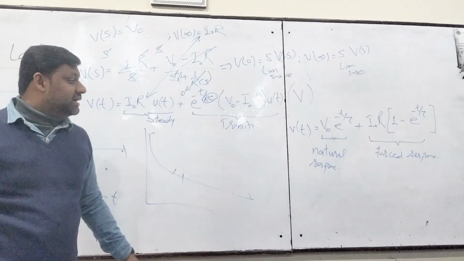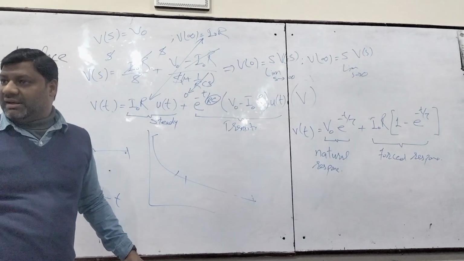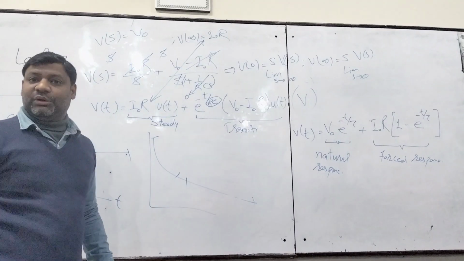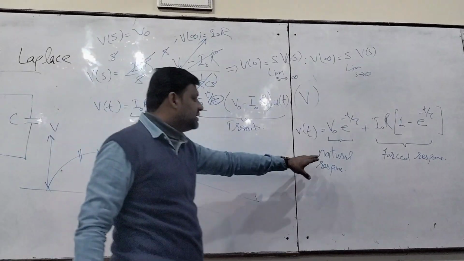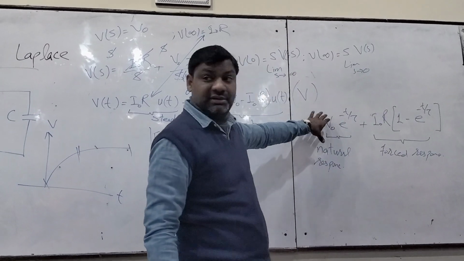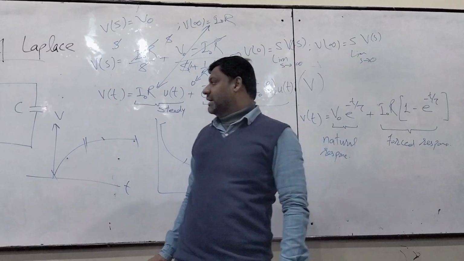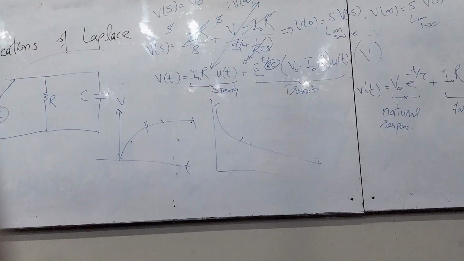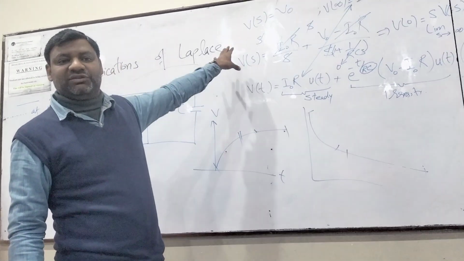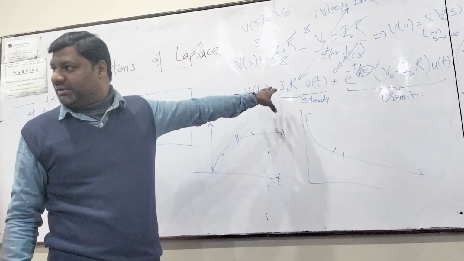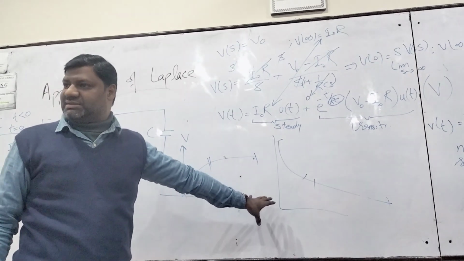You were finding out the natural response separately when the switch was there, and then you were finding out the forced response when the switch was toggled to some other position. Okay, so these were the kind of results that you were finding out. But you could compare. I'm requesting you, please compare these questions that you have solved with Laplace and those that you had solved without Laplace in the time domain, to see how much the mathematical redundancy is reduced.